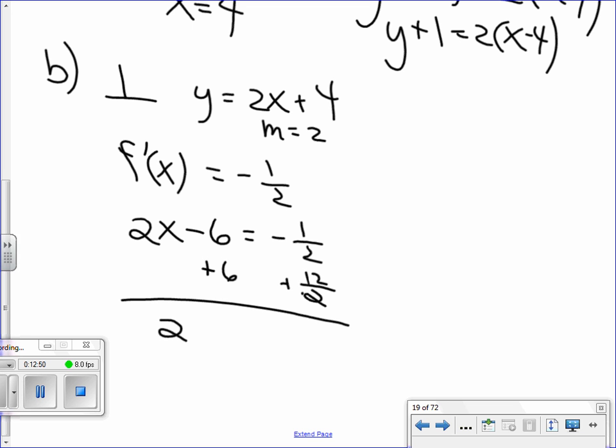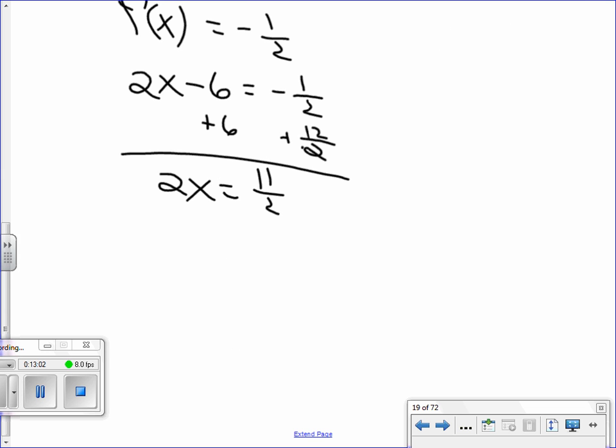So we have 2x equals 11 halves. And then you can divide each side by 2 or multiply each side by 1/2. And you get x equals 11 over 4.